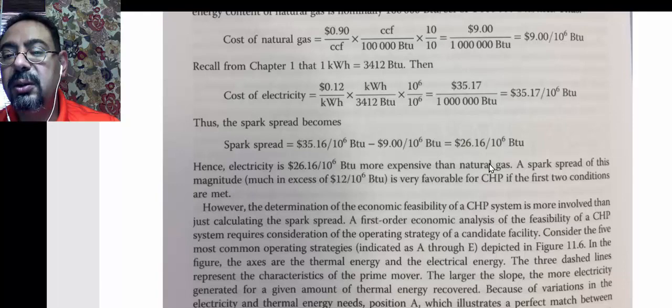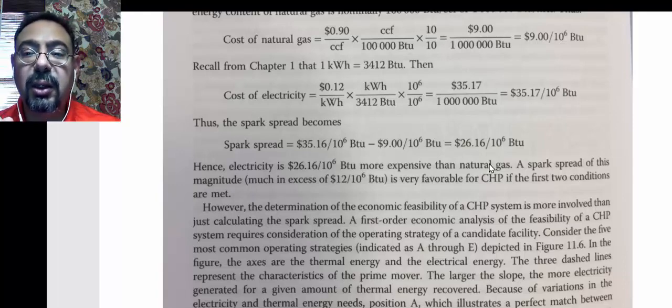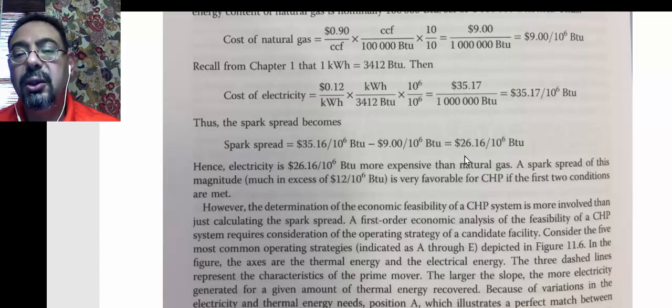an electric power company. So if you are planning to run your own electric company, generating electricity and selling it to consumers, that spark spread is your profit, right? You're going to pay this to the natural gas company that supplies you with natural gas.